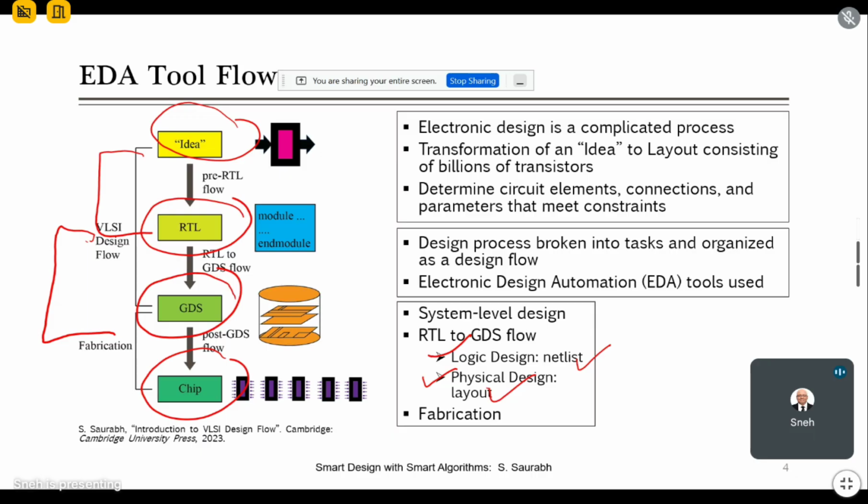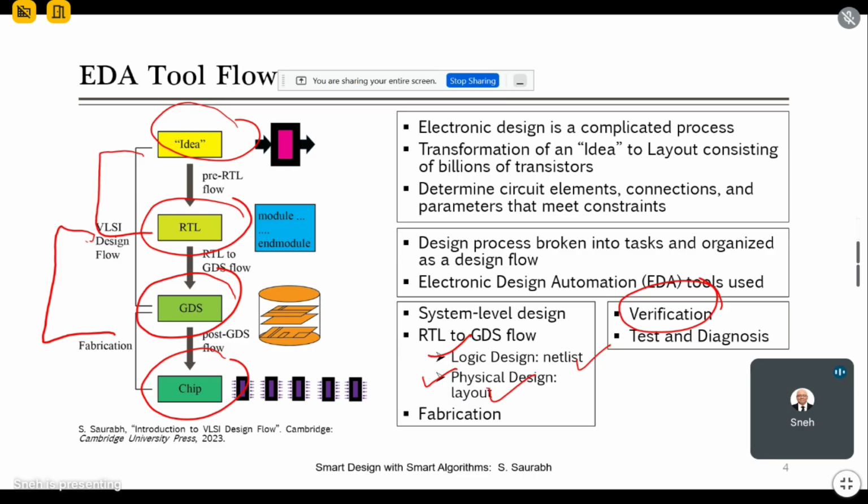And then the GDS goes to the foundry for fabrication, right? And in this process we also have verification and test and diagnosis. So this is a complicated process, and therefore we need to do a lot of verification to ensure that things work as expected, and so on, right? And also we need to test whether there are any manufacturing defects or so on.